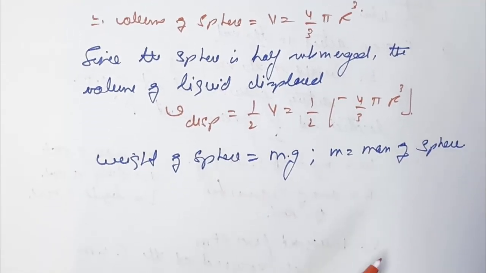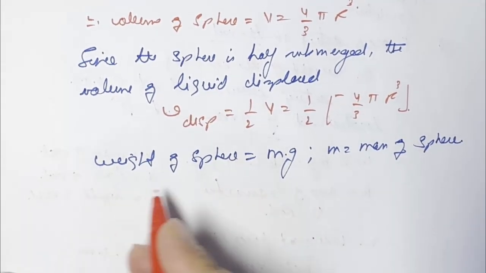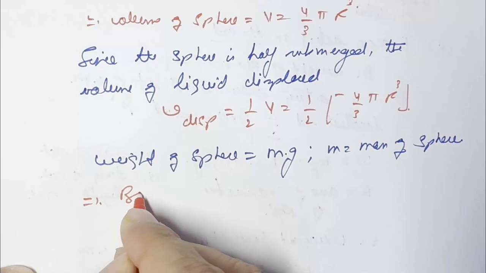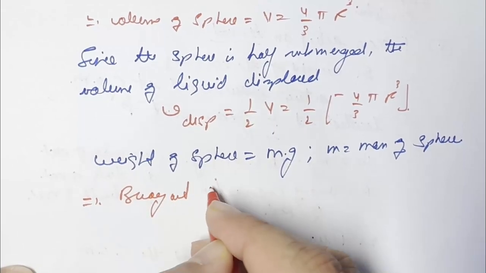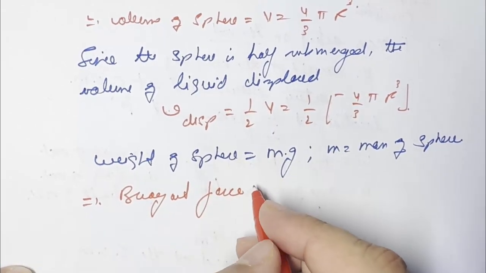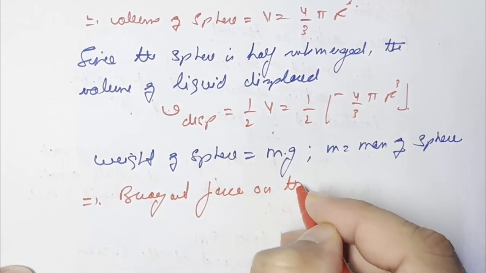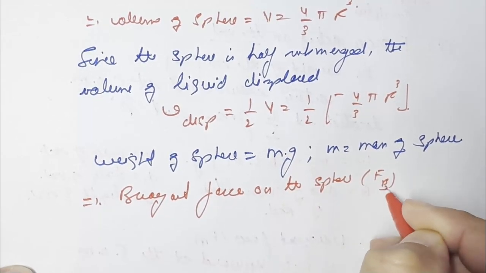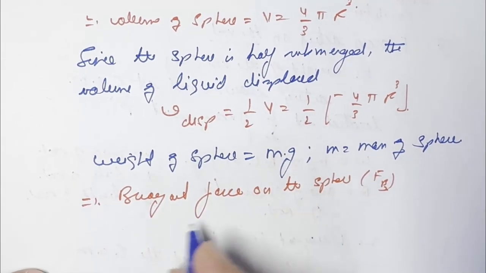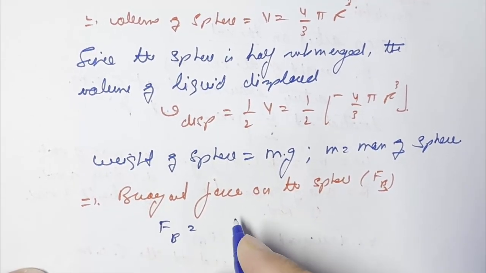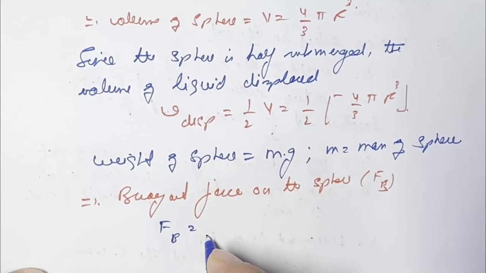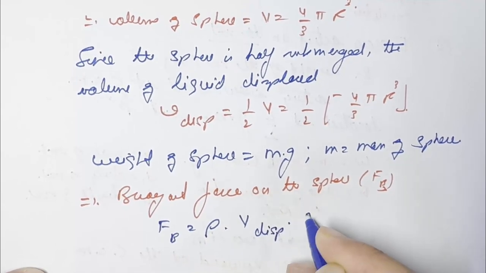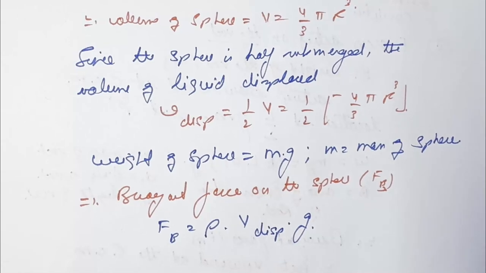And if Fb is the buoyant force on the sphere, then Fb will be equal to the density of the liquid, given as rho, multiplied by the volume that is displaced and the acceleration due to gravity.